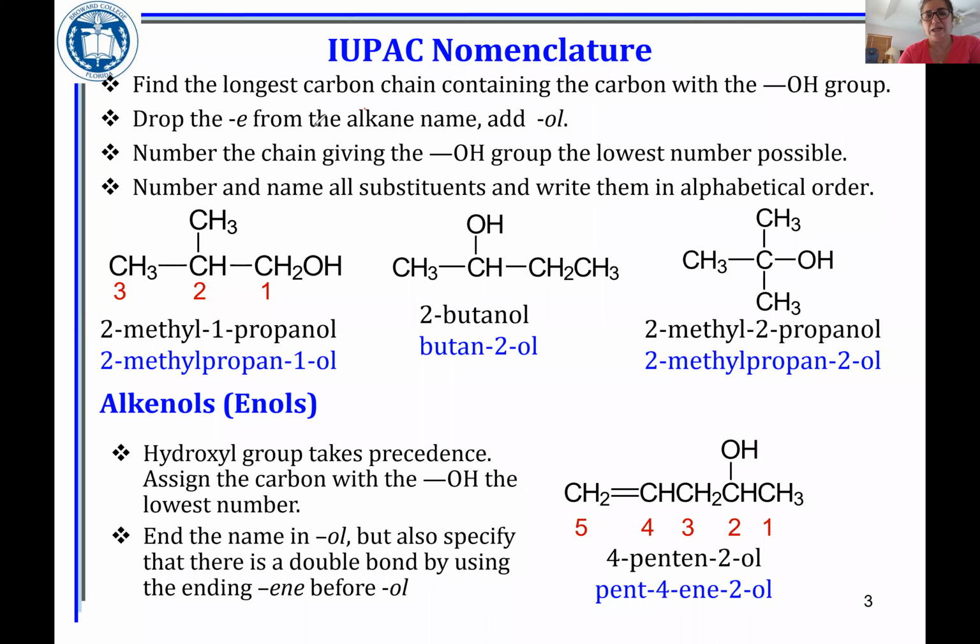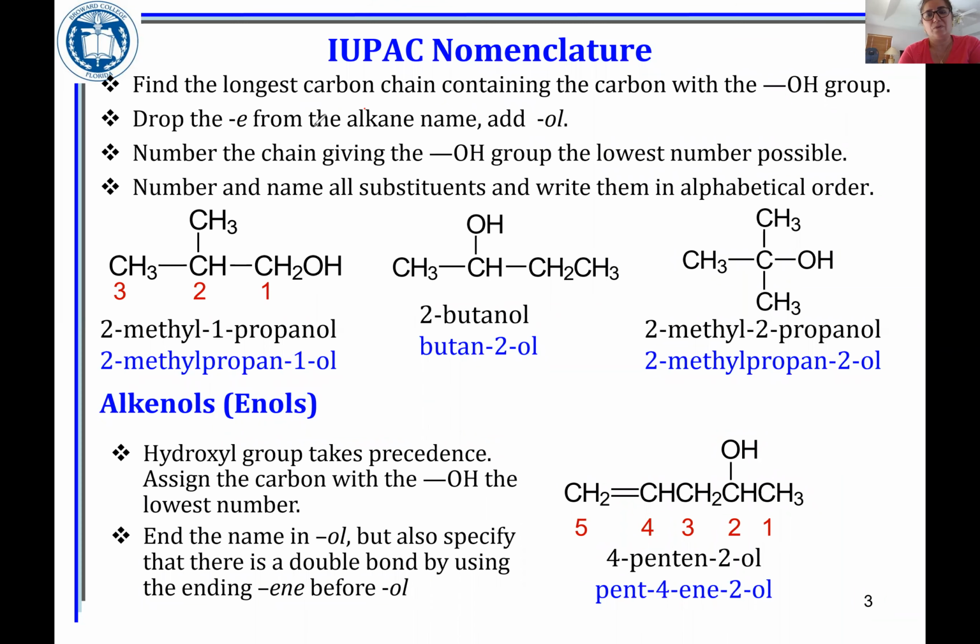Now, how would you name these compounds? For the IUPAC naming, you always look for the longest carbon chain. Second rule, you number your carbon chain in a way that the functional group takes the lowest possible number.